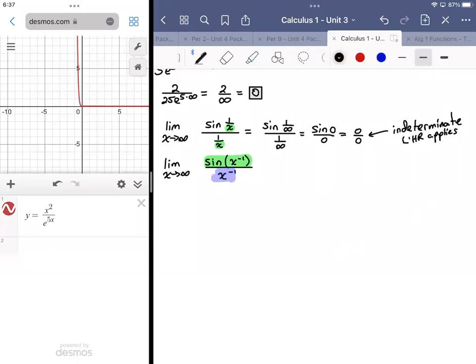Derivative of sine is cosine: cosine of the inner function, x to the negative first power, times the derivative of that inner function, which would be negative x to the negative second. On the bottom, I'm just going to get a clean negative x to the negative second.